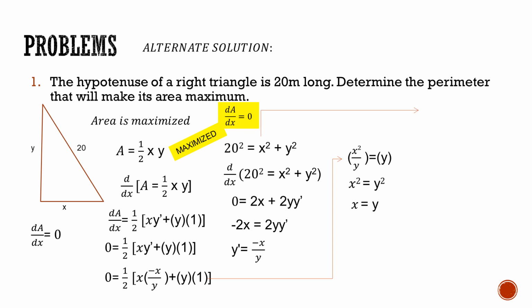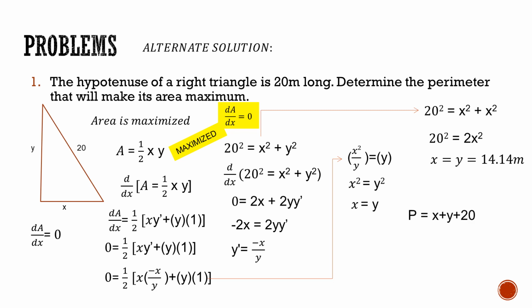So, ngayon, kapag alam natin na x is equal to y, kunin lang natin yung relationship ng Pythagorean theorem, palitan mo yung isang variable, and then substitute, manipulate, and we come up with x value, which is also equal to y, which is equal to 14.14 meters.